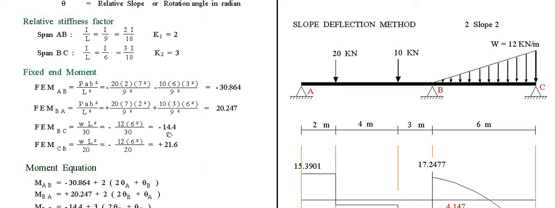Simplifying is minus 14.4. Then on the right, CB is WL square over 20. 12 times 6 square divided by 20, or 21.6. Notice that CB has a bigger moment than BC.